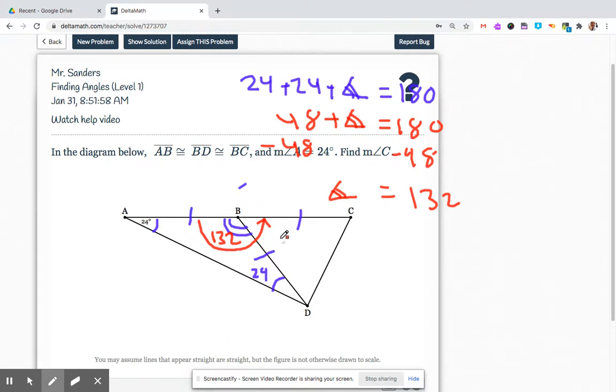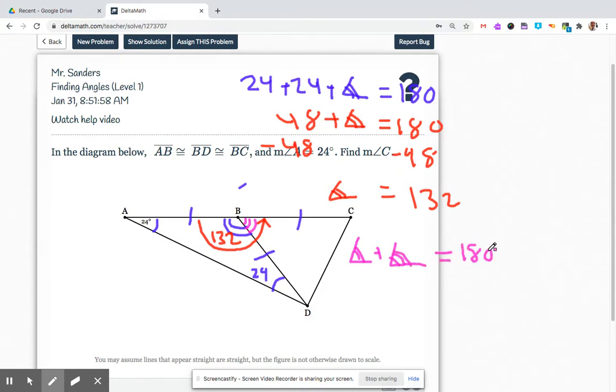So then I'm looking for, I'm going to change colors, do a little bit of pink here. This one's going to be a triple angle. So this double angle plus this triple angle, all of those have to equal 180.